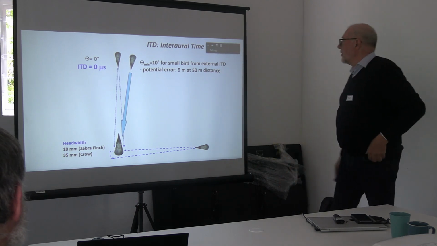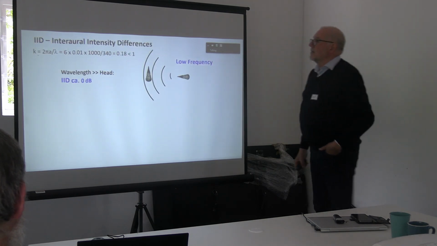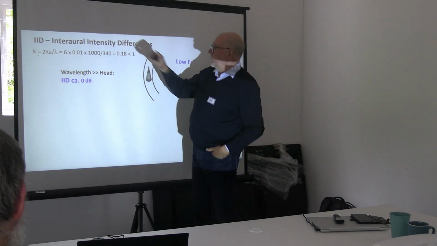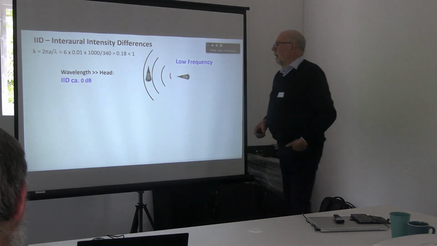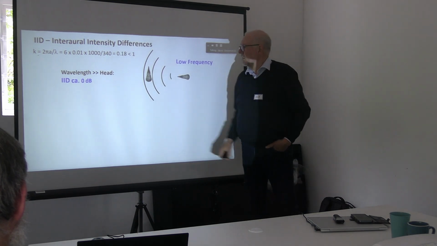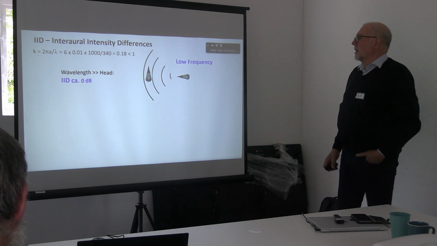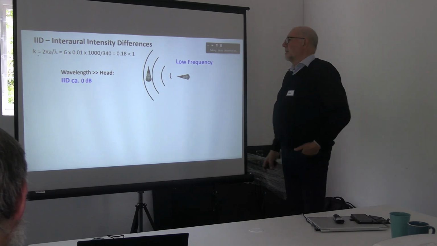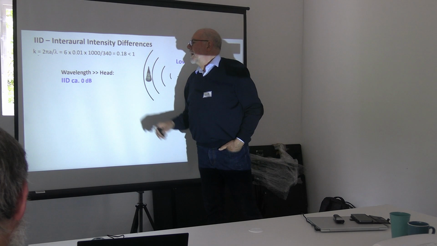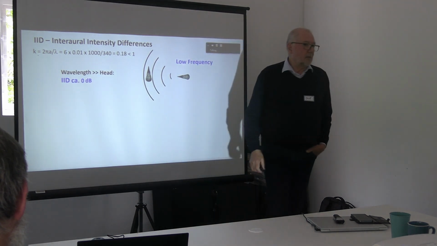So there are other ways of doing this also, and that's the interaural intensity differences. At low frequencies, here we have the singer, here we have the listener, and the listener has sort of optimized its intensity difference. But if the wavelength, as we saw, is much bigger than the head, then there are no differences whatsoever.